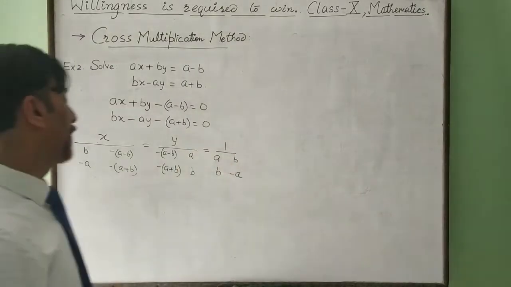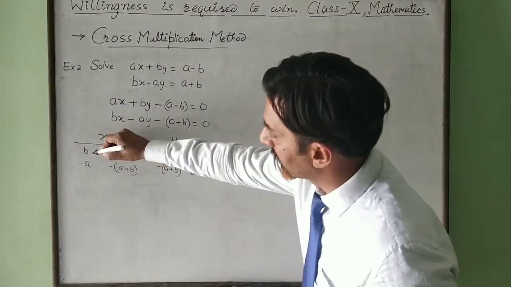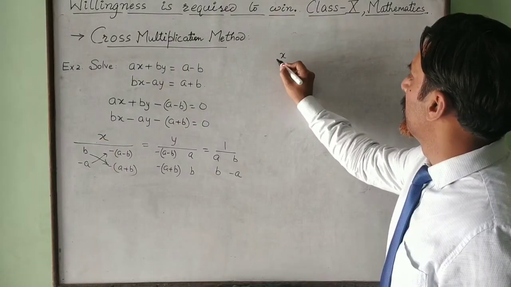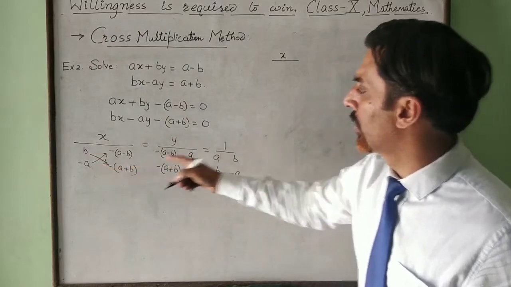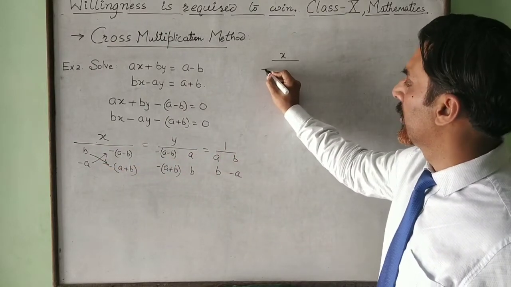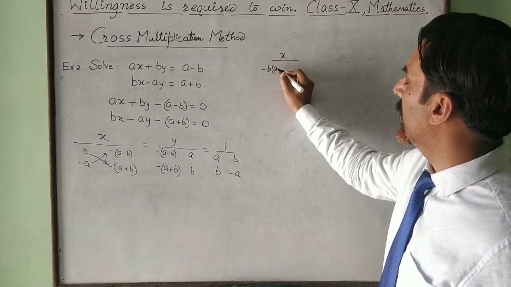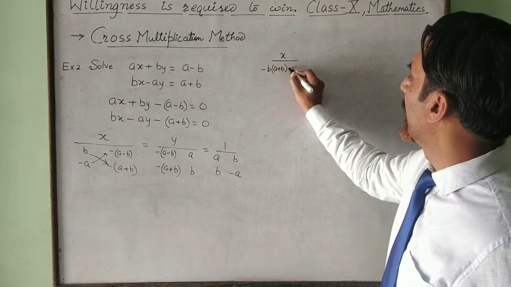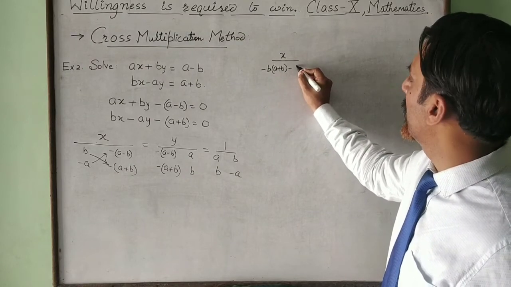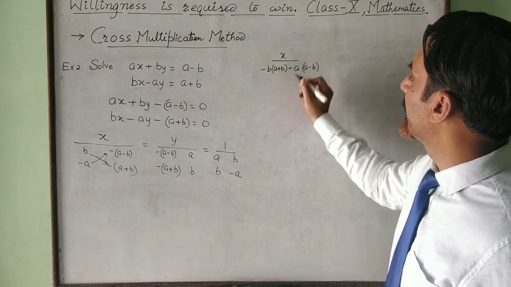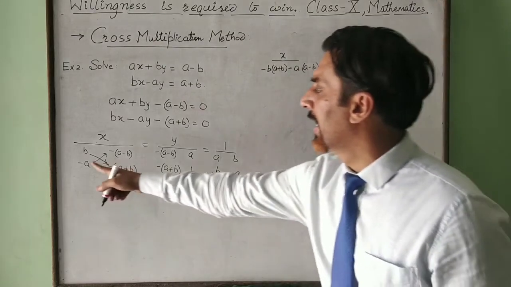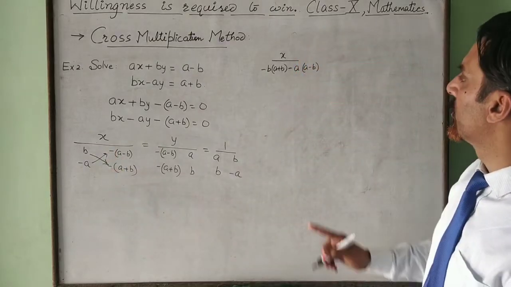Now we will multiply like this. First, x upon, we will have negative b, a plus b, and negative a minus b. See, this negative I have in the formula only, and this minus will become positive.